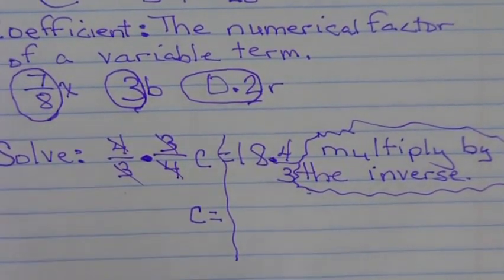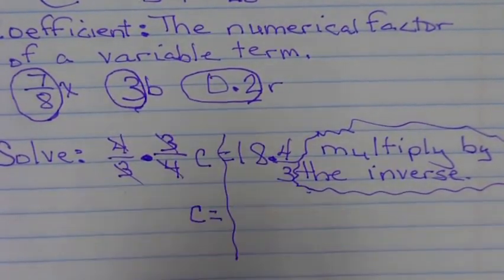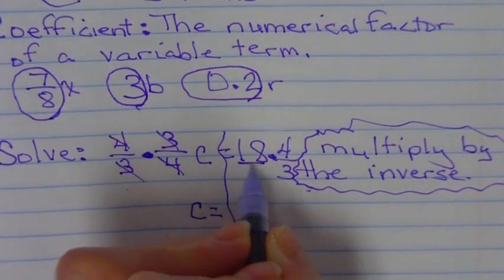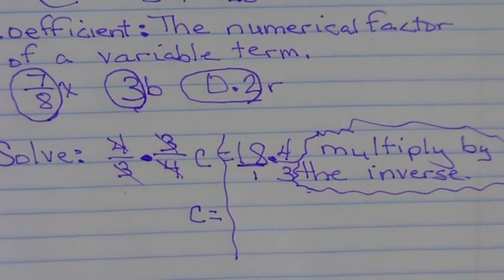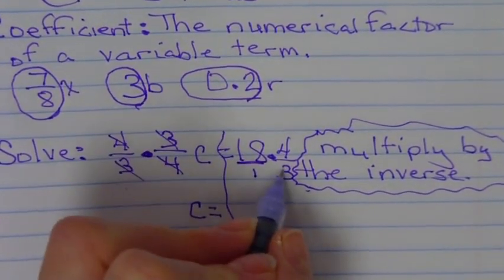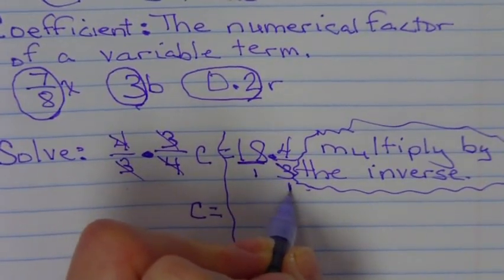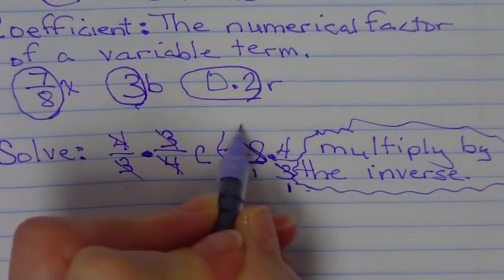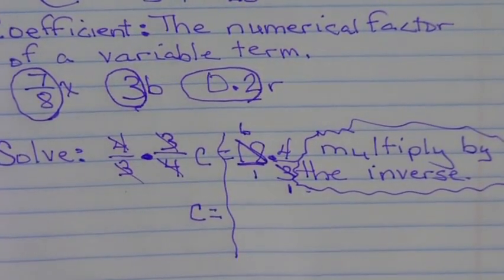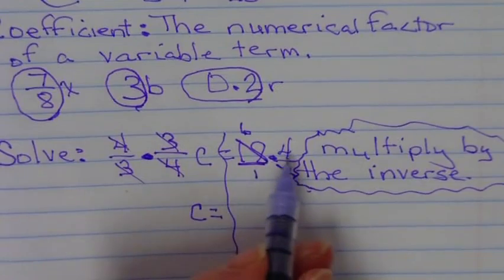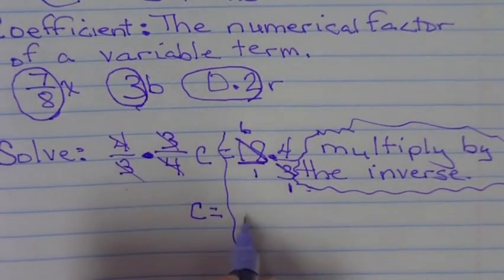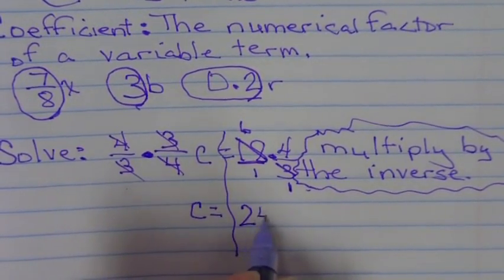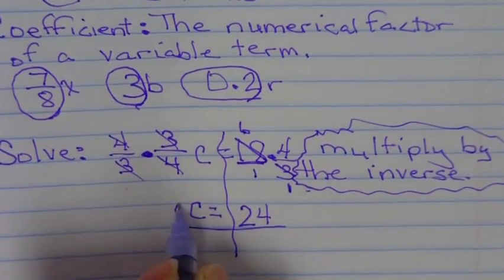Can you think of a number that might go into 18 and 3? Yeah, 3. 3 goes into 3 one time, and it goes into 18 6 times. So now we don't have to figure out 18 times 4. We just say 6 times 4, and that's 24. That is our answer.